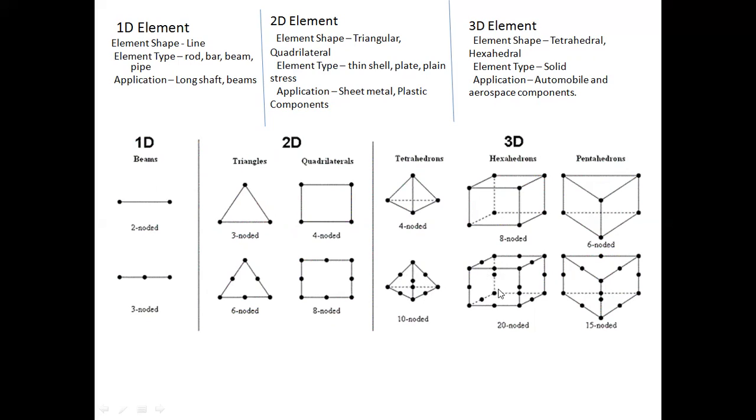This is used for fine meshing of the part. Also hexahedron 8 noded and this is hexahedron with 20 noded. It gets maximum coverage of that part, means we get a nearby solution by increasing the number of nodes or number of elements.